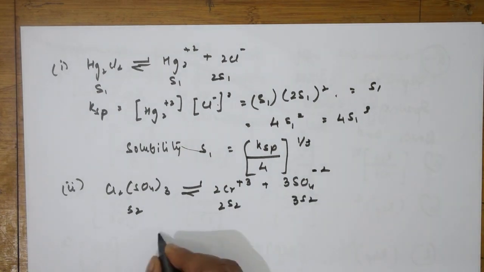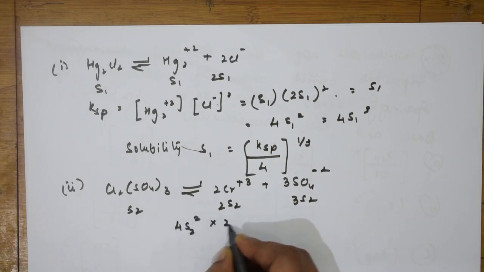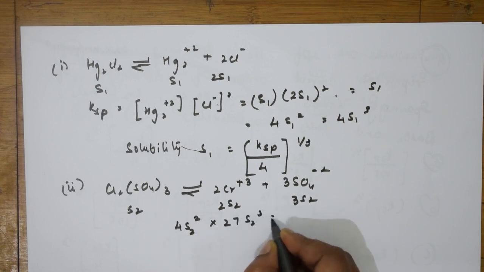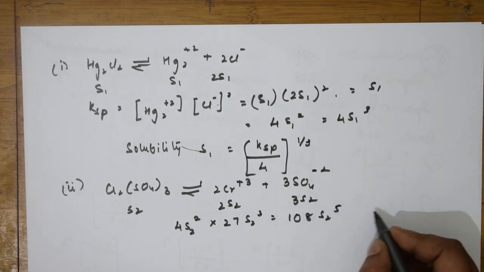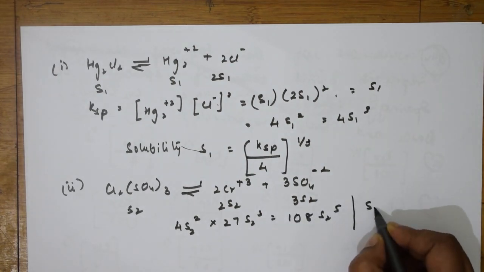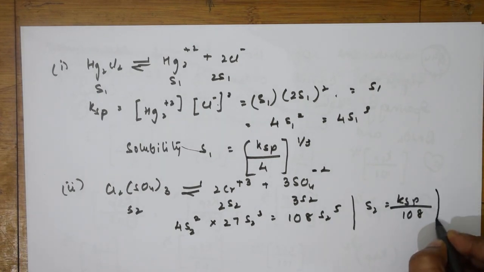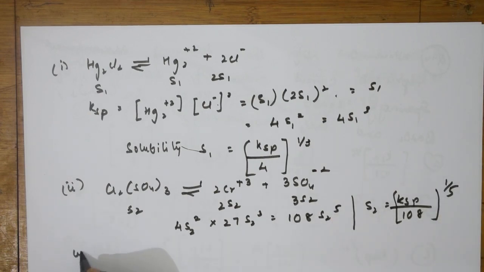So when I solve this, this becomes 4S2 into 27 S2 taken thrice, which is equal to 108 S2 taken 5 times. So for such thing, S2 is equal to (KSP by 108) raised to 1 to the power of 5, because 5 is here.